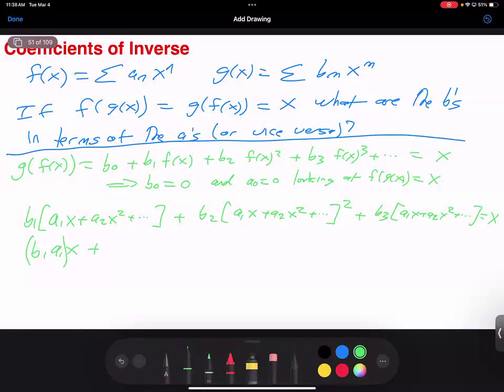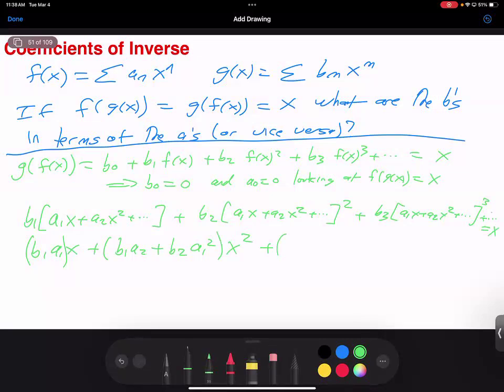I could have b1 a2 plus b2 a1 squared. And then this would be a cubed over here, and this should be a dot dot dot. So that's the only way I can get an x squared.